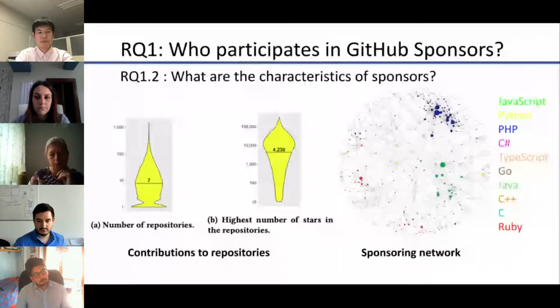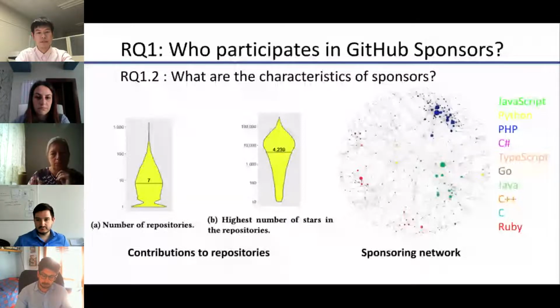When we draw similar violin plots for sponsors, we found that the sponsors were also active OSS developers. Of the approximately 4,000 sponsored developers, 22% are also sponsors, suggesting that developers are sponsoring each other. Therefore, as shown in the figure on the right, we build a network with developers as nodes and sponsorship as edges.